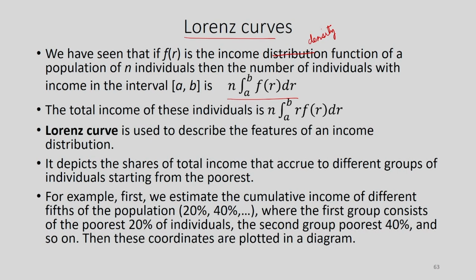And what is the total income of these people? The total income of this number of people is given by this expression: n multiplied by the integration of r multiplied by f(r) dr. The limits are the same, that is A to B. Now, what is the use of the Lorenz curve? The Lorenz curve is used to describe the features of an income distribution.